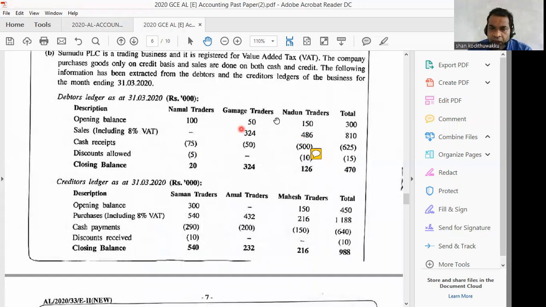Then, when it comes to totals, you are given sales total 810, cash receipt total 625, discount allowed total 15.